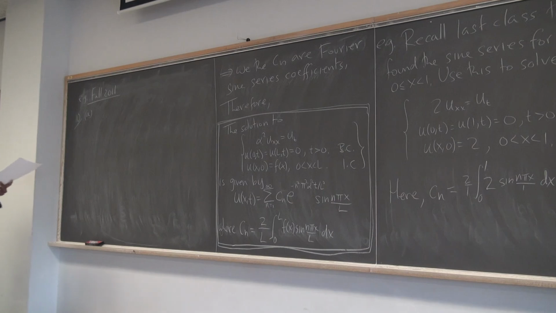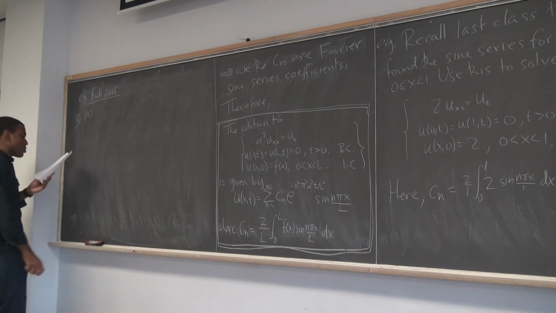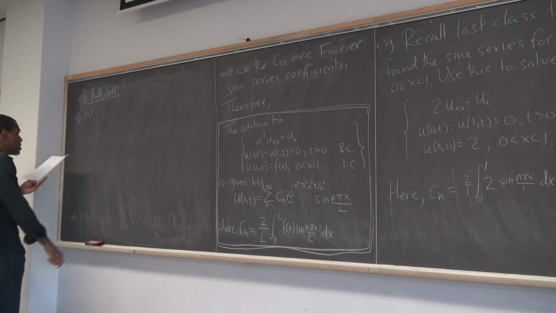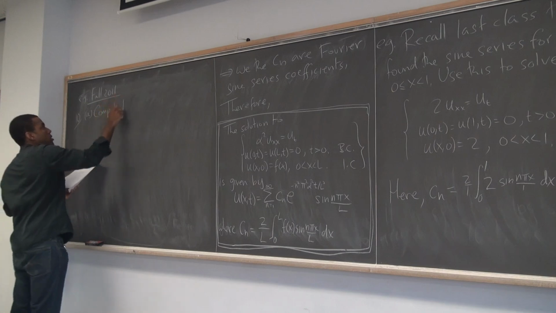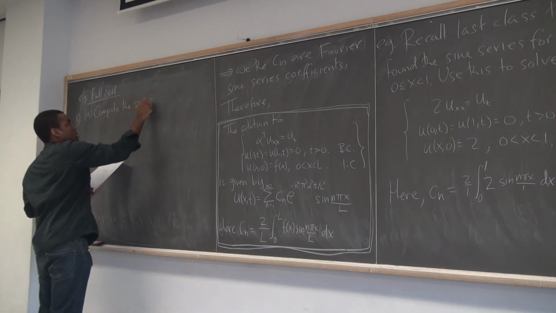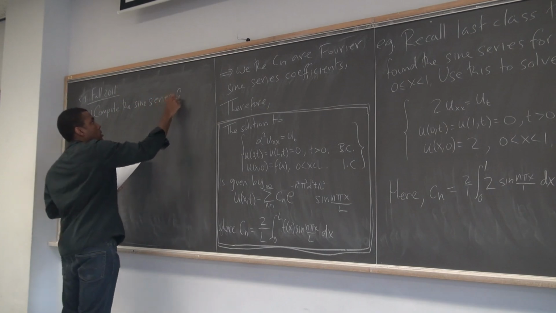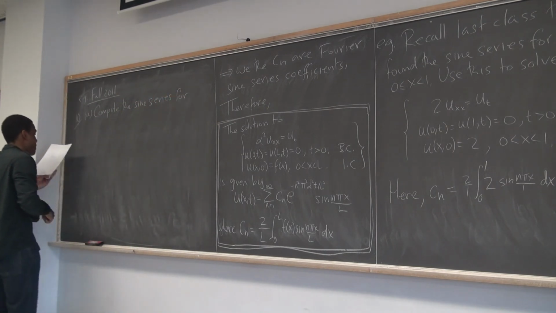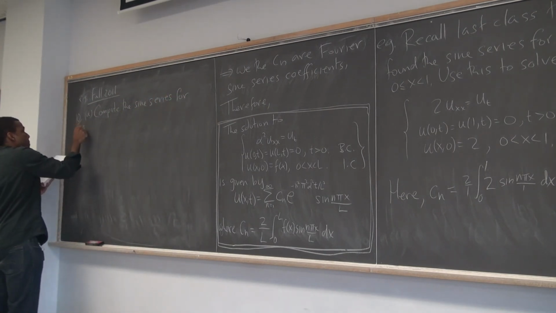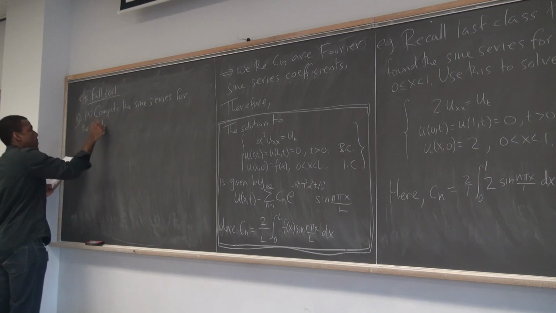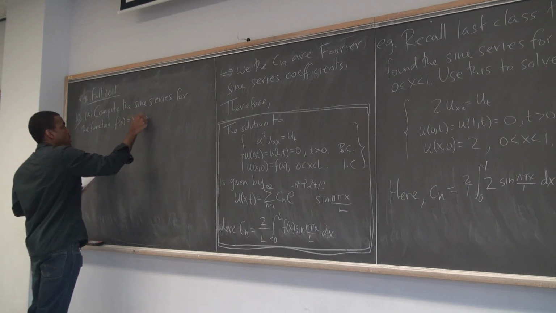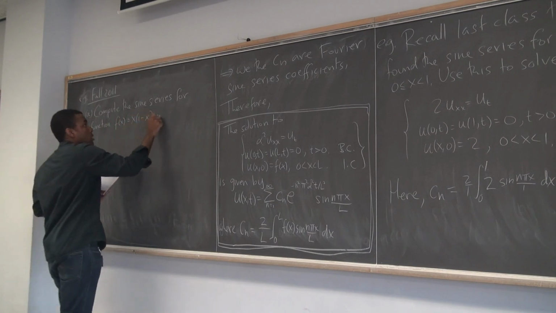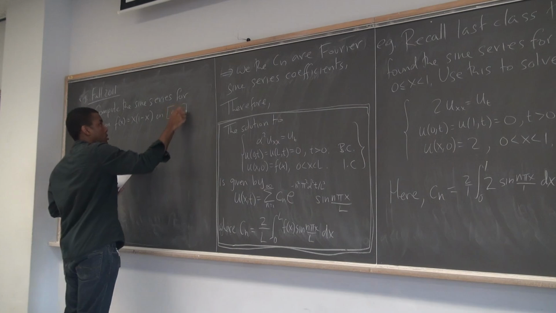They usually don't actually talk about an insulation bar, but an insulated bar, but that's sort of what's going on. Okay, so compute the sine series for the function f of x equals x times 1 minus x on the interval 0, 1.